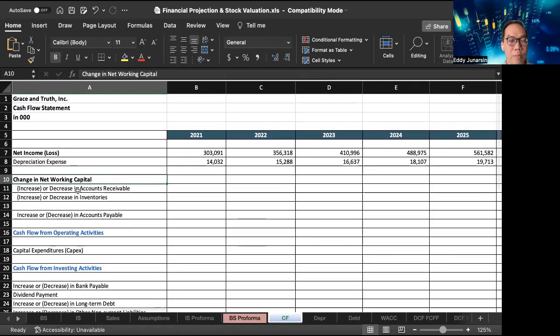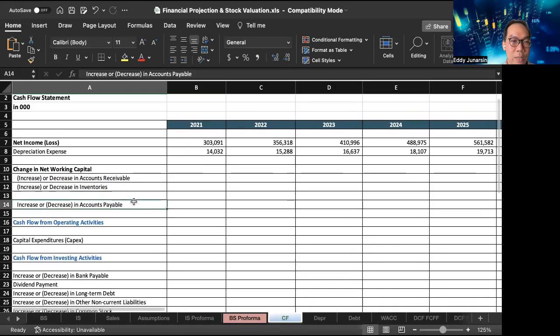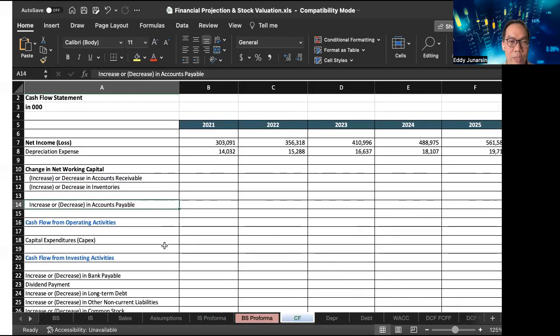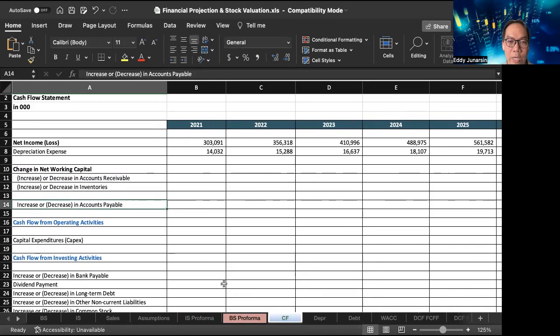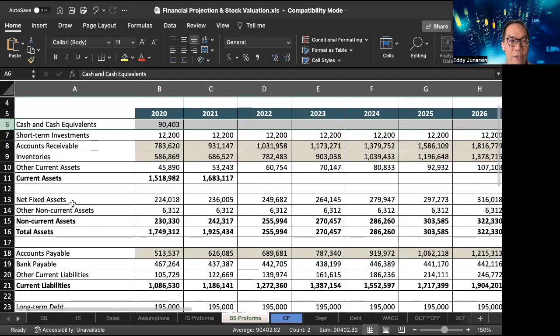Change in net working capital. Net working capital means the difference between current assets and current liabilities, or the involved items there. So net working capital means again the difference between current assets and current liabilities. So let's look at that one. What kind of working capital do we have here?